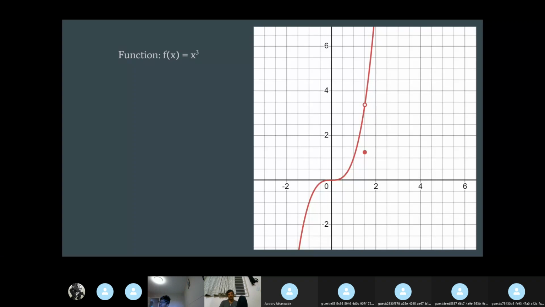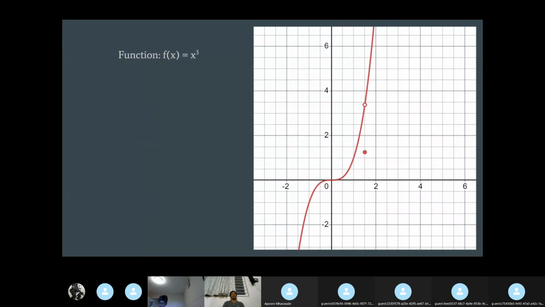This is a function I defined as f of x is equal to x cubed, unless x is equal to 1.5, in which case f of x will be 1.25. So for every single value except x equal to 1.5, f of x is x cubed.